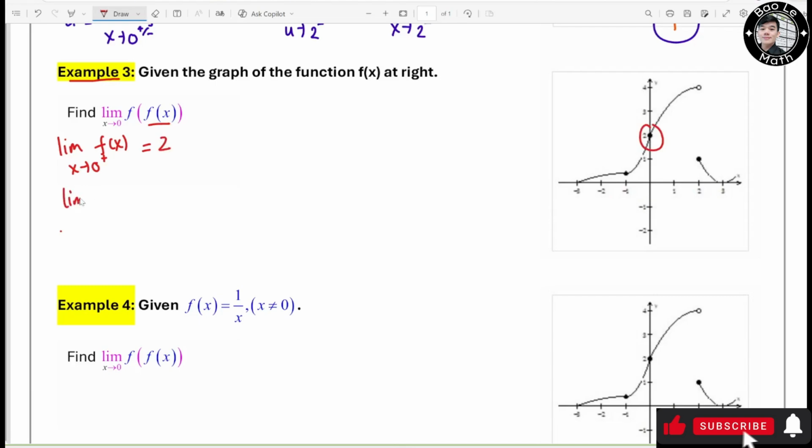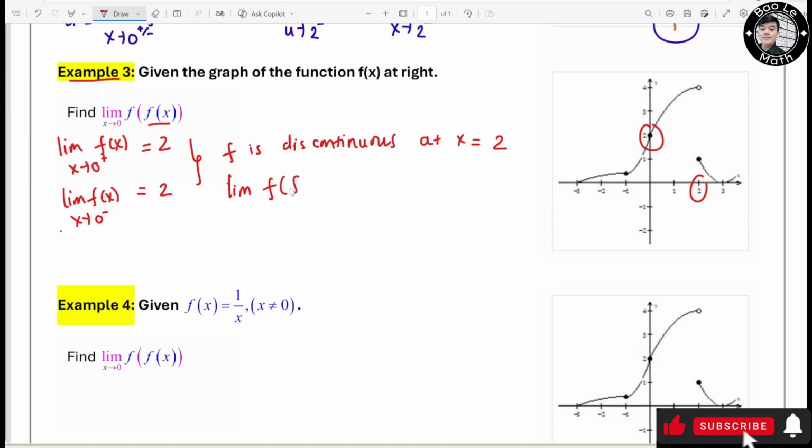Now the limit of the function f of s when s approaches 0 minus is actually 2, right? But observe that the function f is discontinuous at s equals 2, right? So it tells us that the limit of f of f of s when s approaches 0 does not exist.